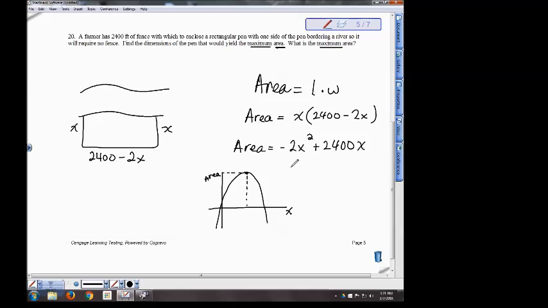So vertex formula is the opposite of b divided by 2a, so negative 2,400 divided by 2 times negative 2. This is 2,400 divided by 4, which is 600.